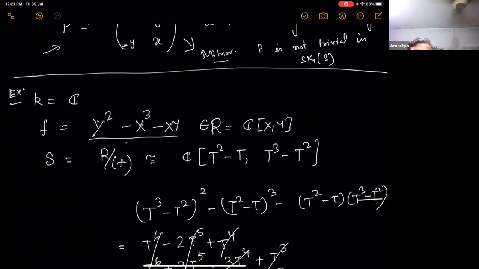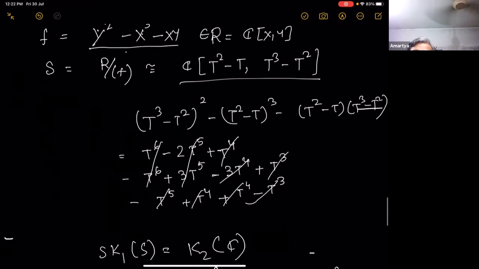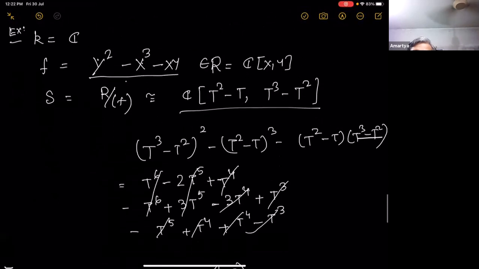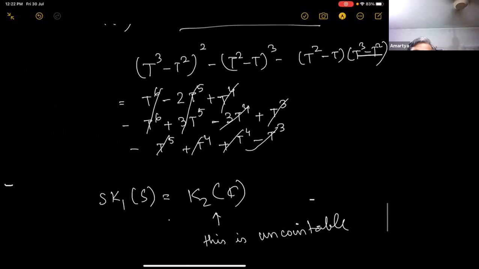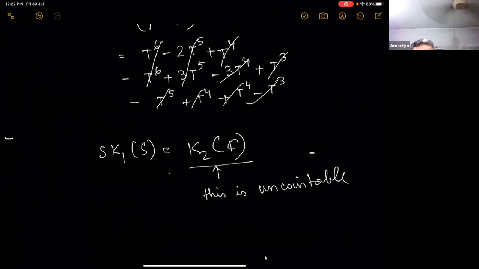Modulo F, the ring S is this, which is a seminormal ring. I just calculated that it's a coordinate ring, so this is sitting inside CT. And so SK1 of S is K2 of C. This is due to, I don't remember exactly, he proved that this field is uncountable, so there should be some matrix.